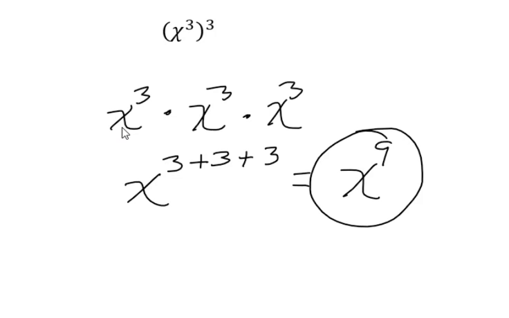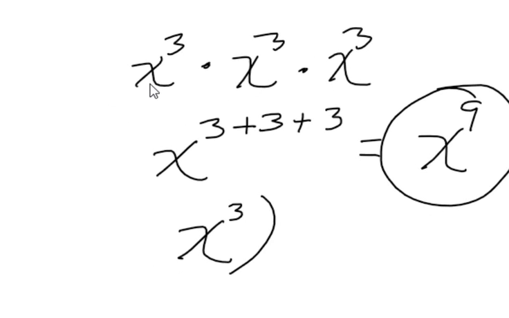But once again, I don't have to show all this work. Really, when I have x to the power of 3 inside parentheses and an exponent outside of the parentheses, I can simply take x to the power of 3 inside the parentheses and that one outside.